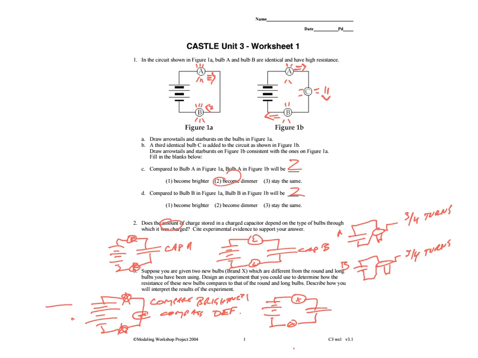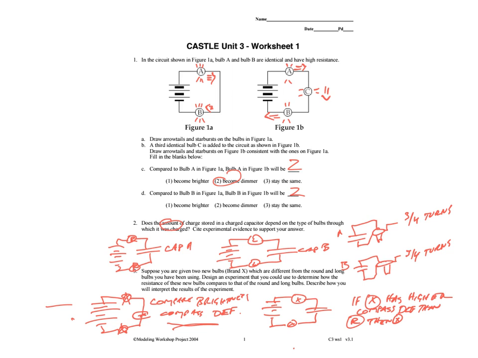I'm going to use compass deflection as my example. So if you looked at compass deflection, if X has a higher compass deflection than the long bulbs, than the round bulbs, then X has, well, let's think about this.